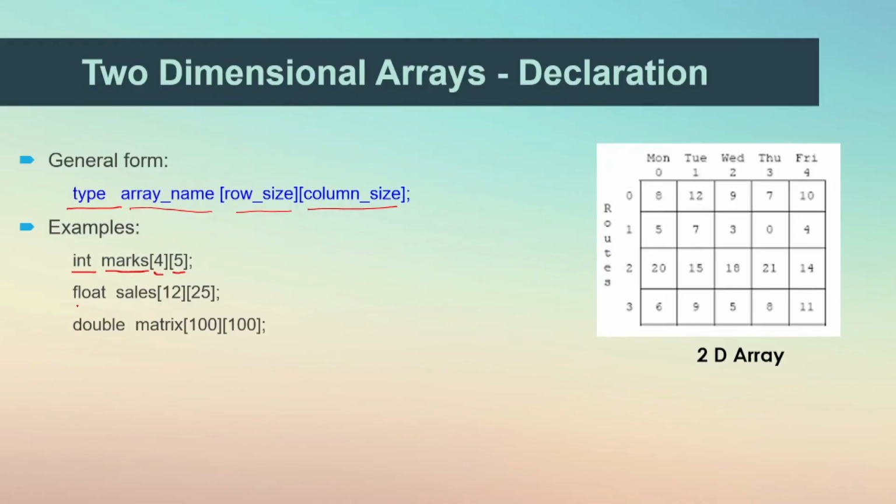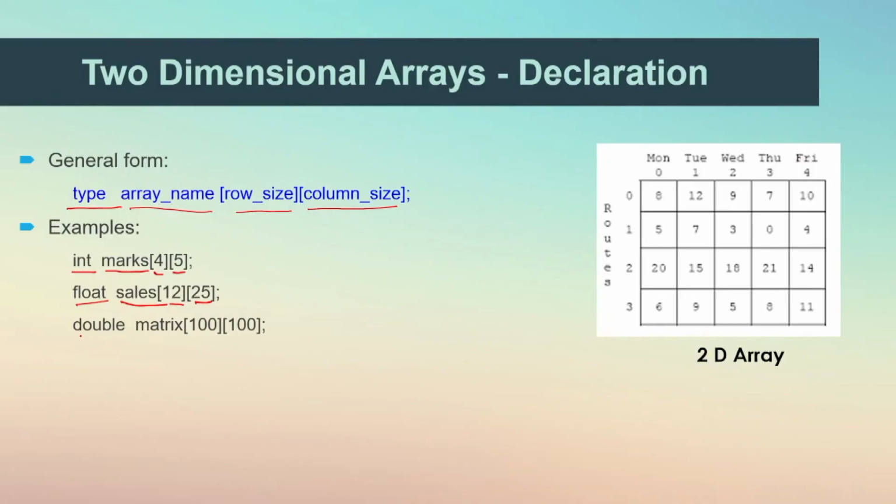Then float data type, sales is the array name, 12 is the number of rows and 25 is the number of columns. If we want to create a spreadsheet kind of processing structure for calculations, we can make use of such arrays with more rows and more columns.